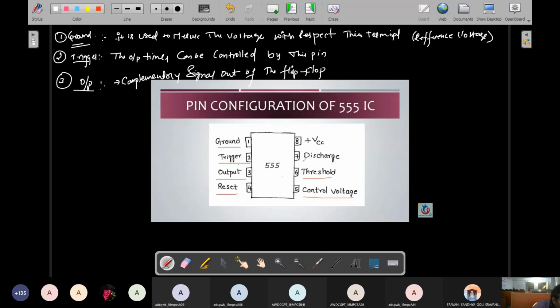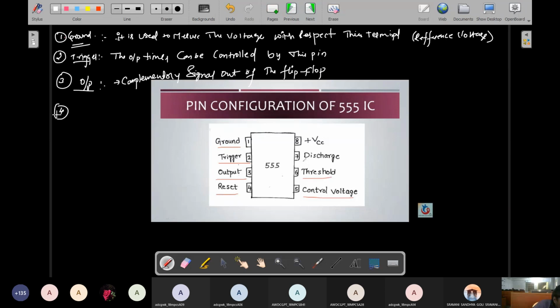I'll explain that in the next unit, the flip-flops. Right now I just draw the truth table for one flip-flop, the SR flip-flop. Using that flip-flop operation I can explain right now, but in the next lesson I'll explain the complete flip-flop theory. So it is a complementary signal output of the flip-flop. That is called the output terminal.